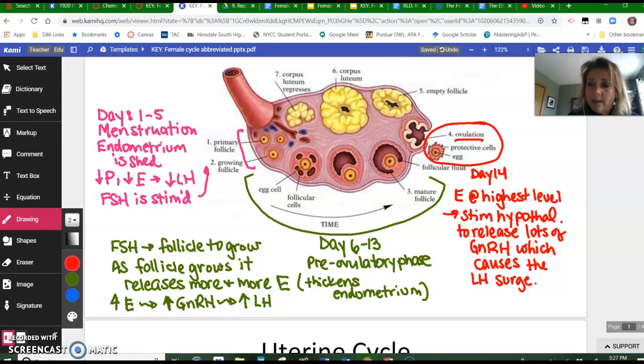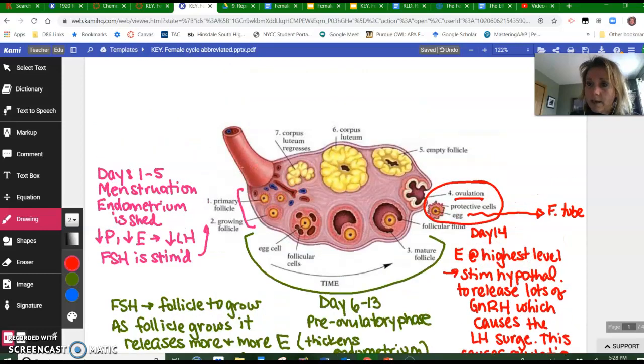It is the LH surge that causes ovulation. So now our oocyte is going to move on to the fallopian tube. So I'm just going to abbreviate that as the F tube.